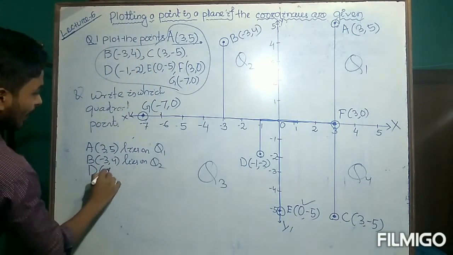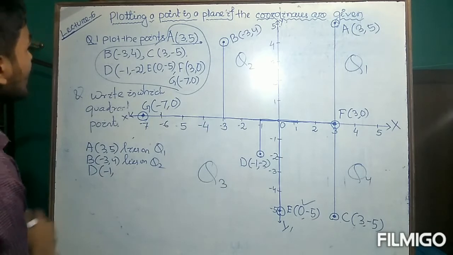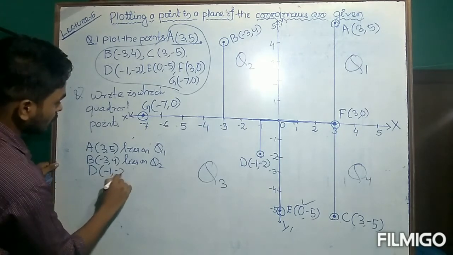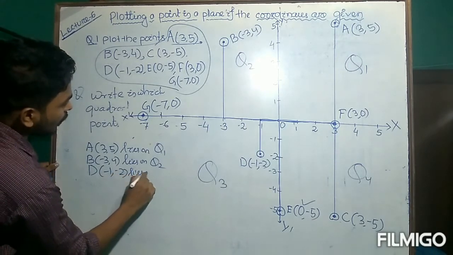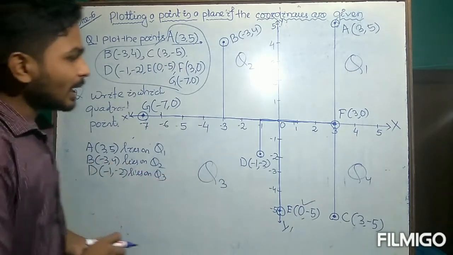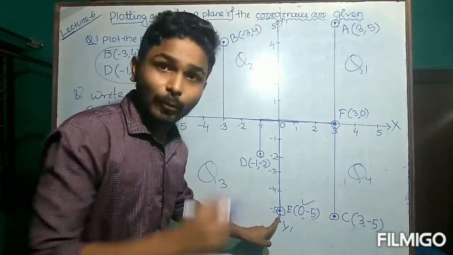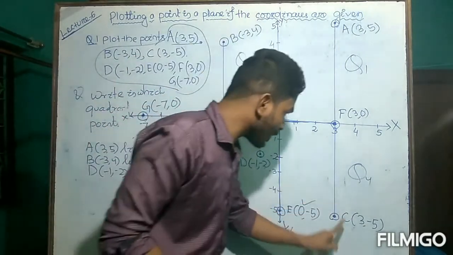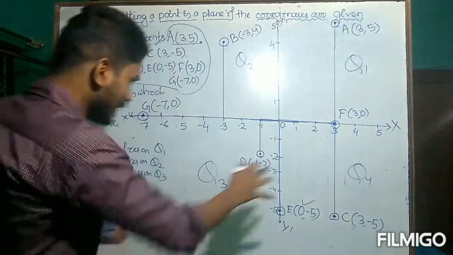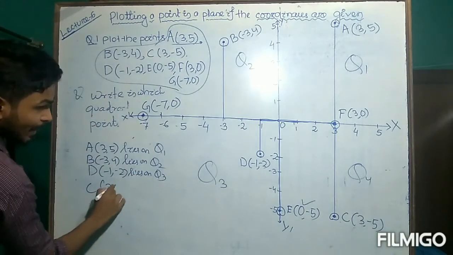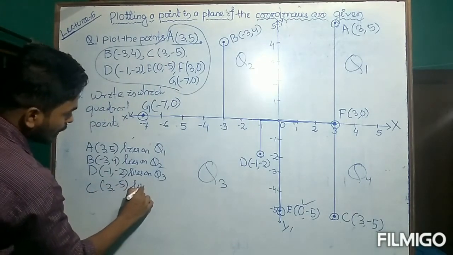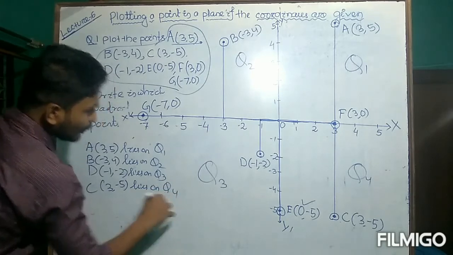So D (-1, -2) lies in quadrant 3. Now in quadrant 4 we have only one point. This is not a quadrant, this is the axis. So in quadrant 4 we have only one point, that is C. So C (3, -5) lies in quadrant 4.